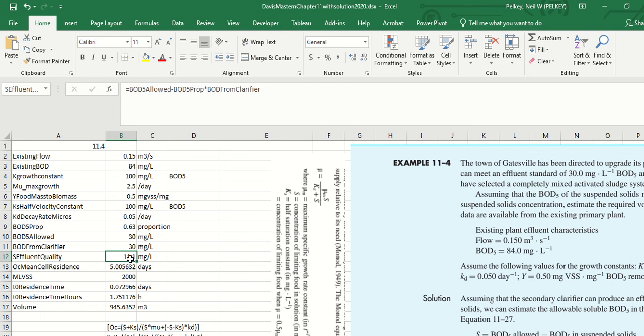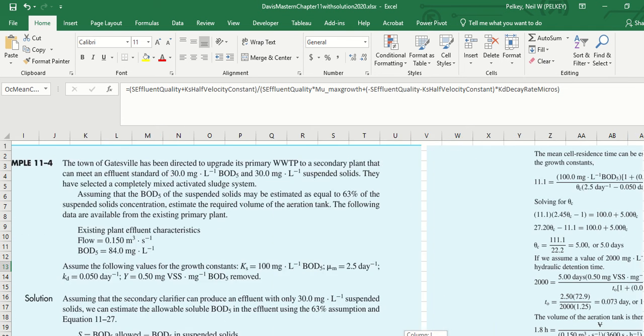So that is our 63% reduction, so that our effluent quality has to get down to 11.1 milligrams per liter. And that's simply the BOD allowed minus the BOD5 times proportion times the BOD from the clarifier. And then that gives us where we need to go.